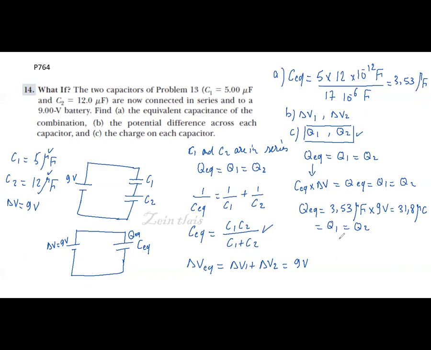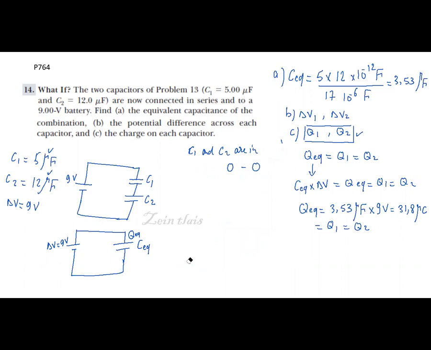Okay, when I get the value of Q1 and Q2, we can easily find the difference of potential across C1 and C2. C1 equals Q1 divided by delta V1 and C2 equals Q2 divided by delta V2.